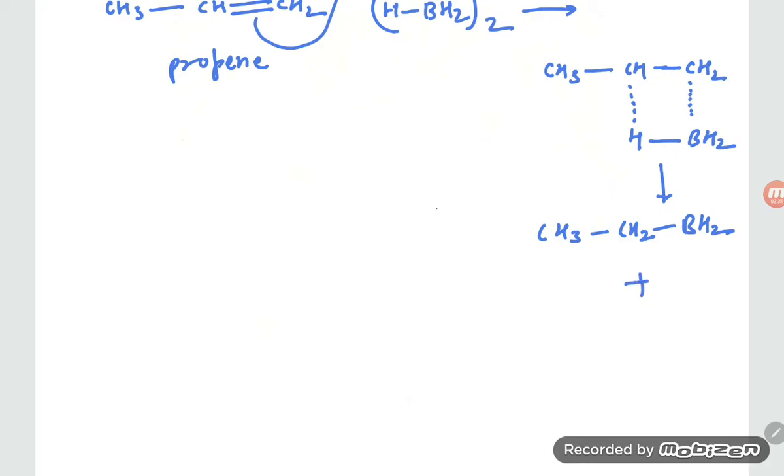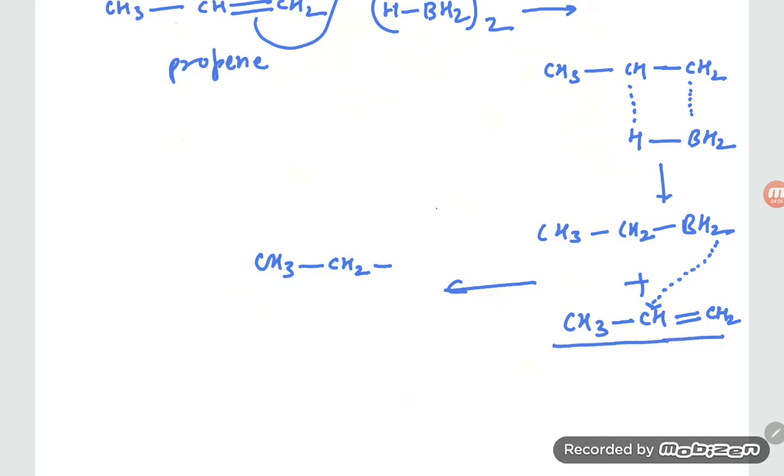And this BH2, what can it do, student? It can react with one more molecule of propene, CH3 CH double bond CH2. This hydrogen will get added to this. So the resultant product will be CH3 CH2 CH2, again CH3 CH2 CH2.